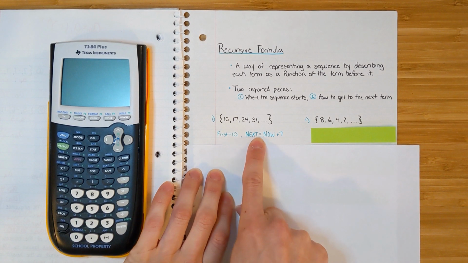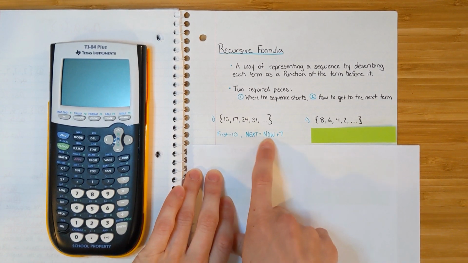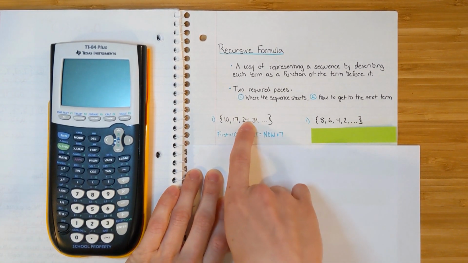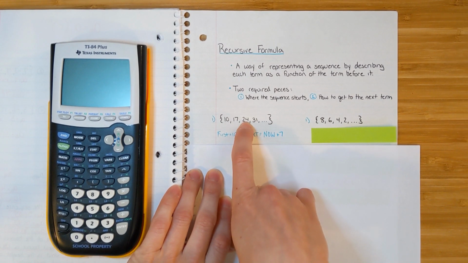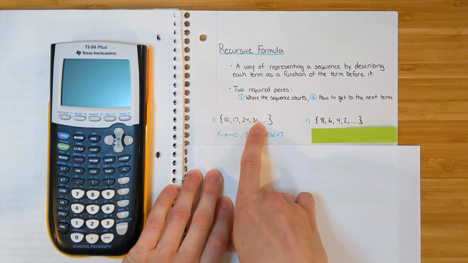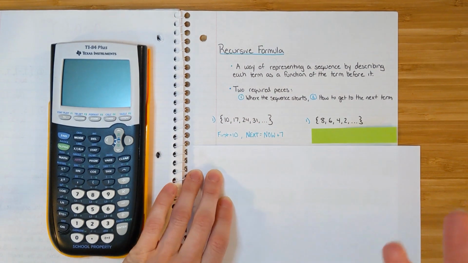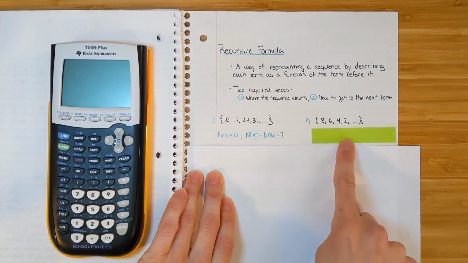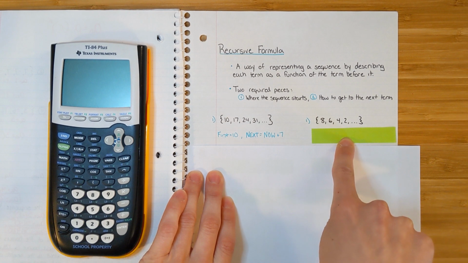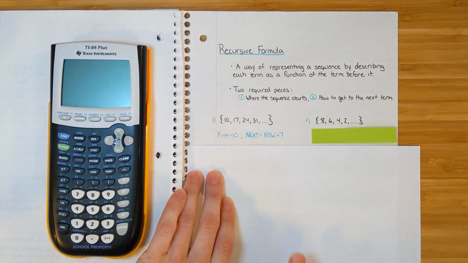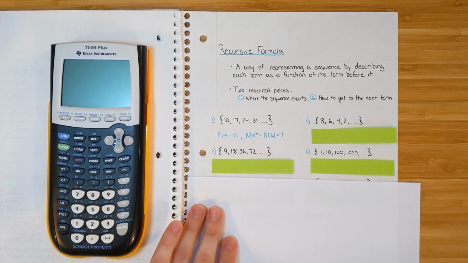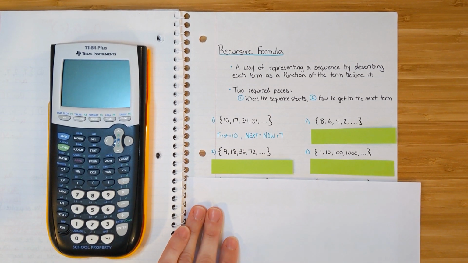The next term is the term you're at now plus 7. So if I'm standing at the 24, the next term that I want is this term plus 7, and that's how I got 31. If you want to pause the video now and try another arithmetic sequence, see if you can come up with the recursive formula. The next two are geometric sequences.